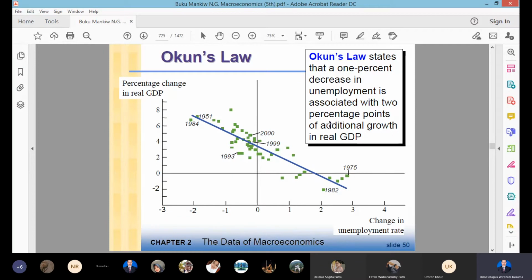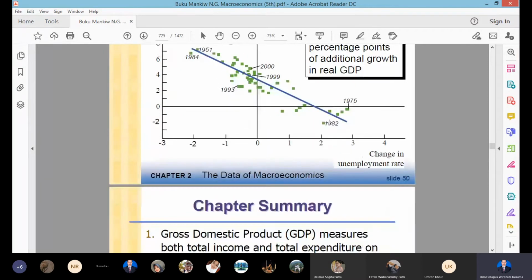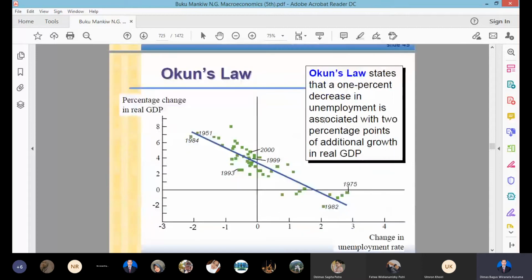So why does it happen, sisters and brothers? Why is it negative, not positive? Because GDP basically is the additional income and spending from individuals that make up the nation's income. If everybody in the country is working, the flows of income and spending will be higher and higher due to production processes.